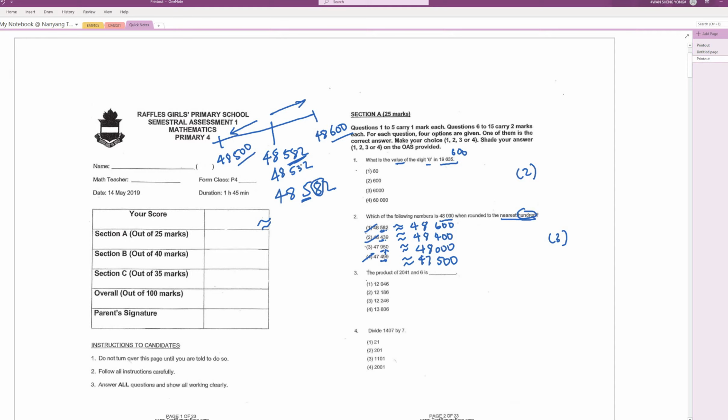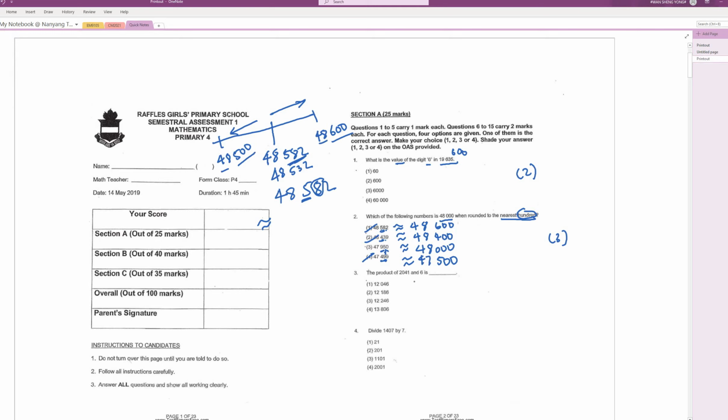On the other hand, when we round down, we keep the hundreds place. So if it's 5, we keep it as 5. Then the remaining numbers on its right, we change to 0. For the numbers on its left, we usually keep them the same. So 48,000 for both.